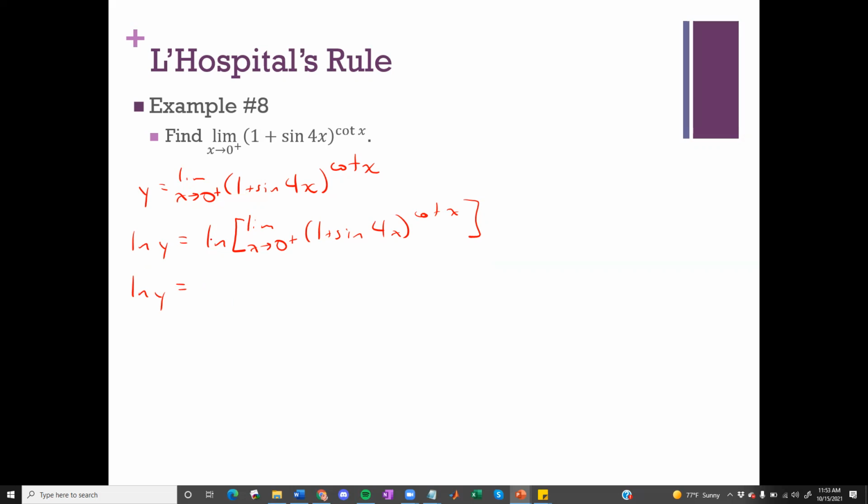Now I'll keep the limit there. All right, are we okay with how we got here?